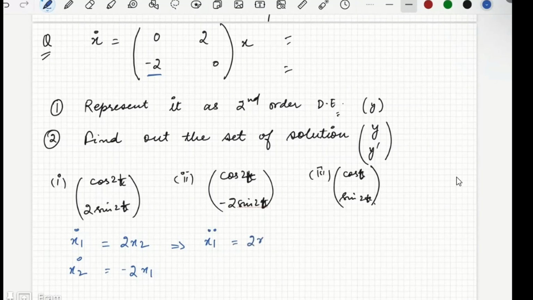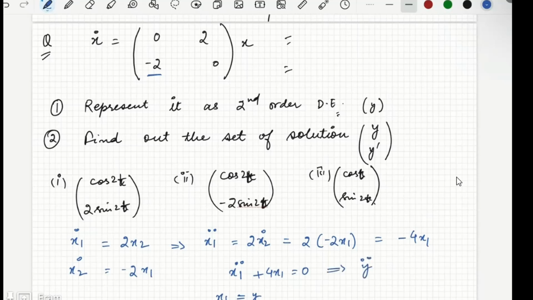It will be 2 x2 dot, and x2 dot is nothing but minus 2x1. So it is 2 times minus 2x1, which is minus 4x1. So we can write this as x1 double dot plus 4x1 equals 0. Now we can take x1 equals y, so this is y double dot plus 4y equals 0.